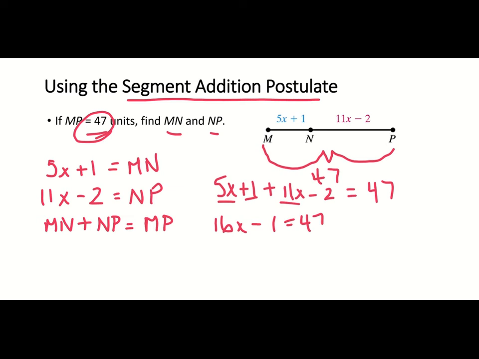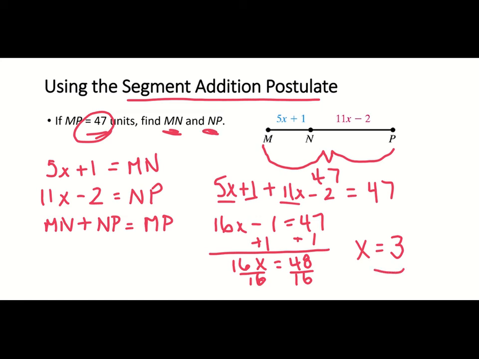Then from there, I'll just solve my algebraic equation. I'll add 1 to both sides. So we get 16x equals 48. We'll divide both sides by 16, and we get x equals 3. So now I know what x is, but they want me to find MN and NP. So even though I know what x is, I'm not quite done.